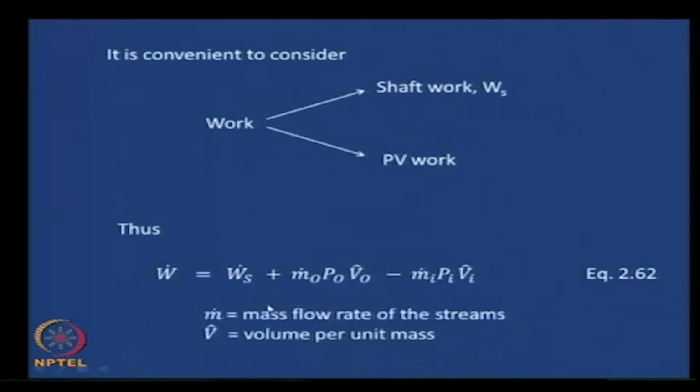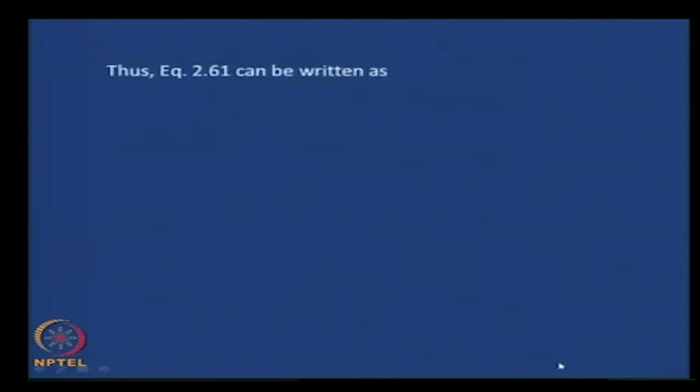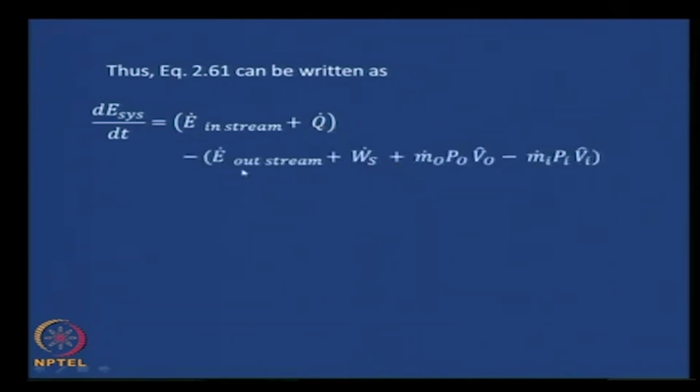Let me state this again, m dot is the mass flow rate of the streams and V hat is the volume per unit mass. It is nice to have this in a complete form here, as first time we are introducing these things. Now, this equation 261 that we just wrote can be written as d/dt of E of system, the accumulation term, equals the rate of E of the inlet streams plus Q dot minus E dot of the outlet streams.